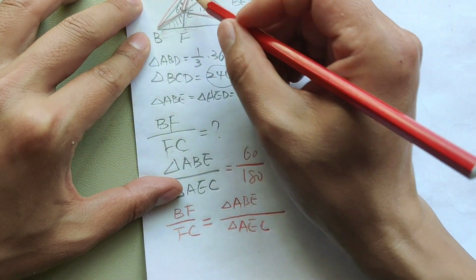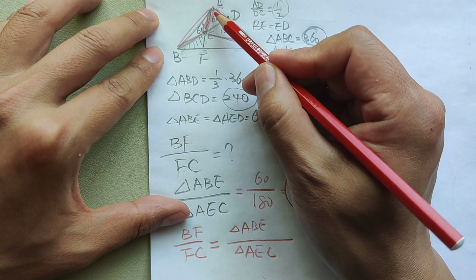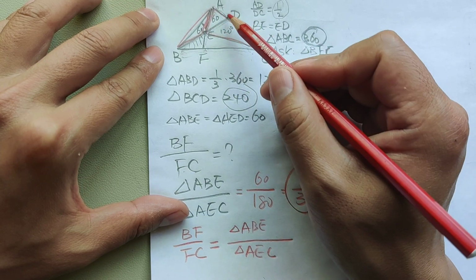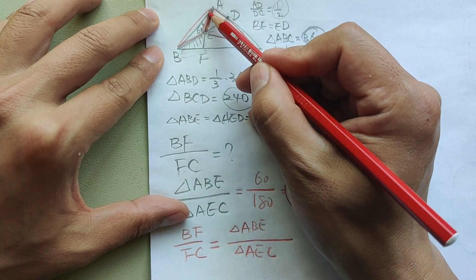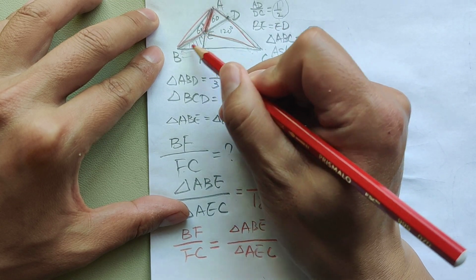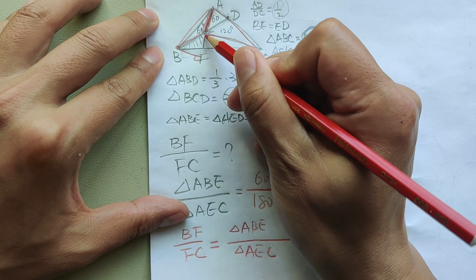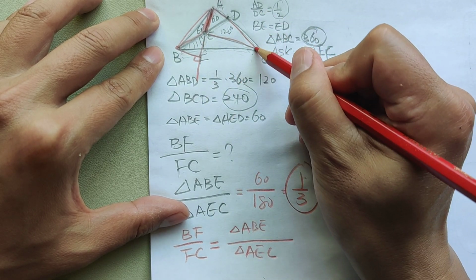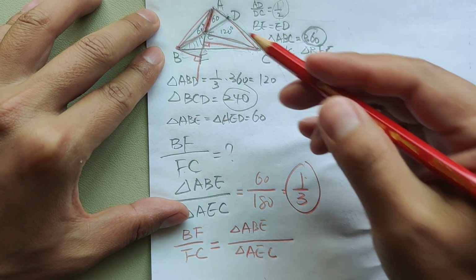Think, how are you going to calculate the ratio of ABE and AEC? They're on the same base, which is AE. Now when you calculate, you draw from B a perpendicular, and from C a perpendicular, right?